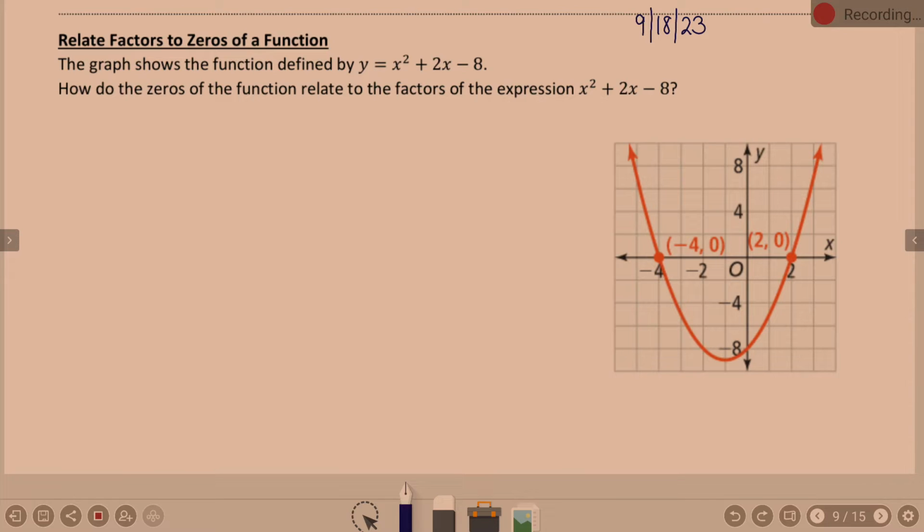Now the question is, how do the zeros, it's a little bit of vocabulary here, how do the zeros of the function relate to the factors of the expression? In order to answer that, I would say we need to probably factor. So let's find the factors of x squared plus 2x minus 8.